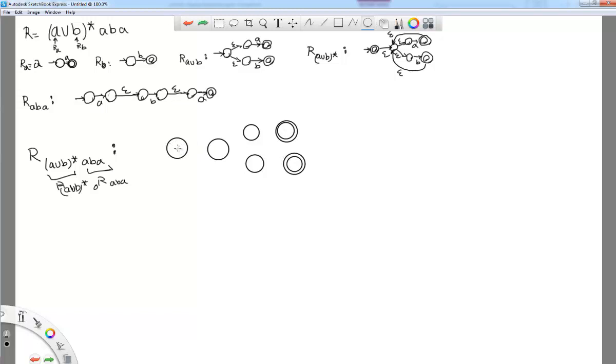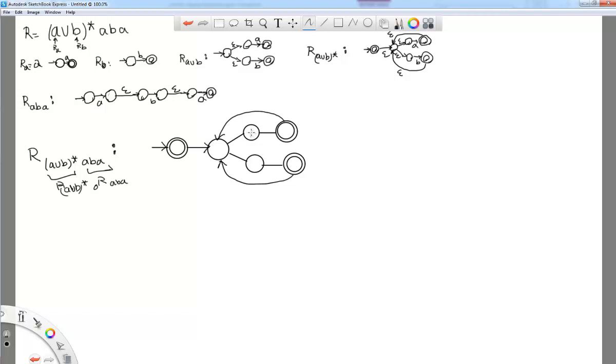This first automaton is the automaton that recognizes ABA. I'm basically copying that from up there.